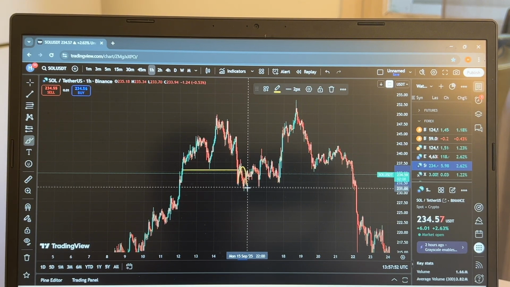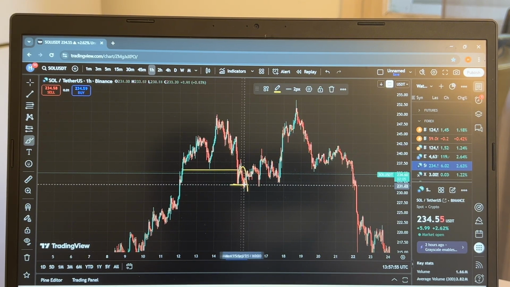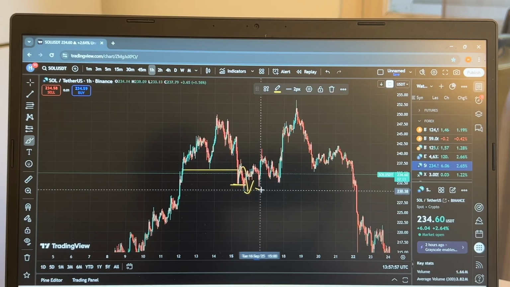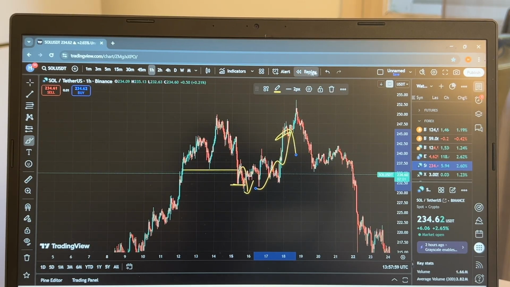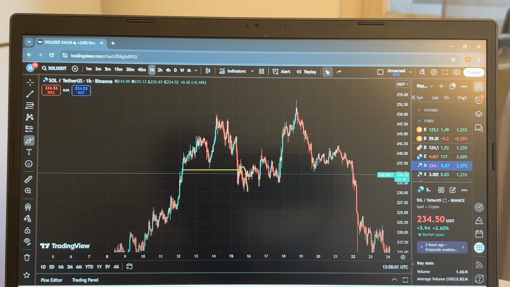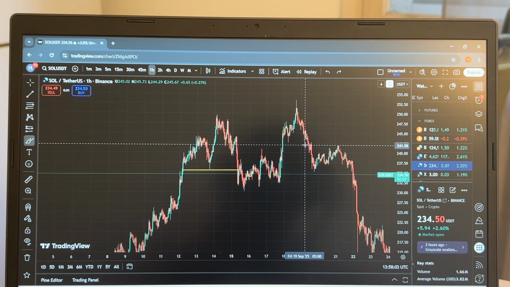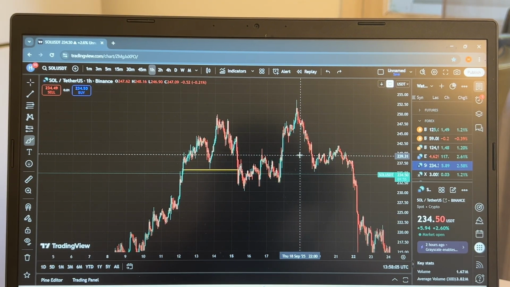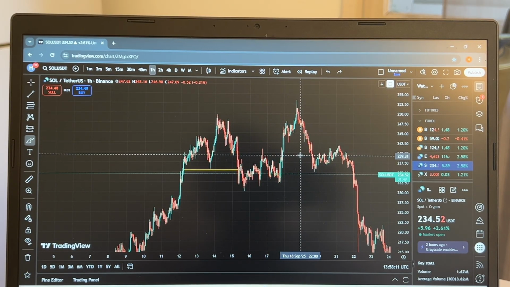Even though it made a break, retest, and hunted this low, it did not follow through. It just went on going up. Like I said before, retail trading is not 100% guaranteed. So always be careful. Always use retail trading with another strategy. Then you can get a 90% success rate.